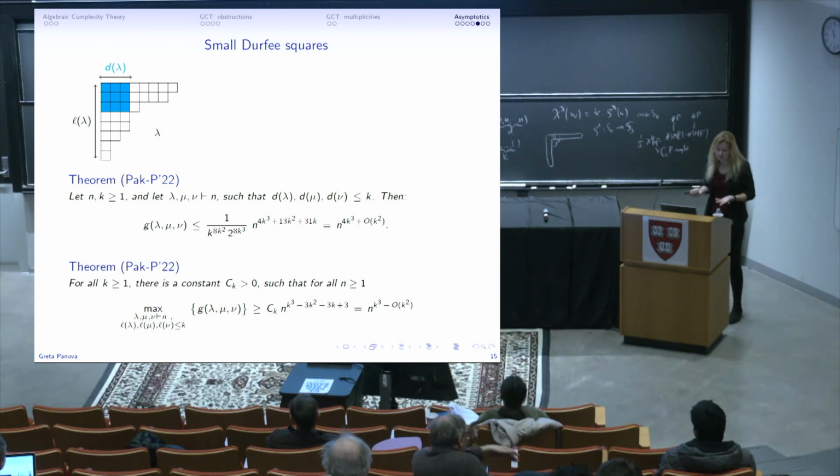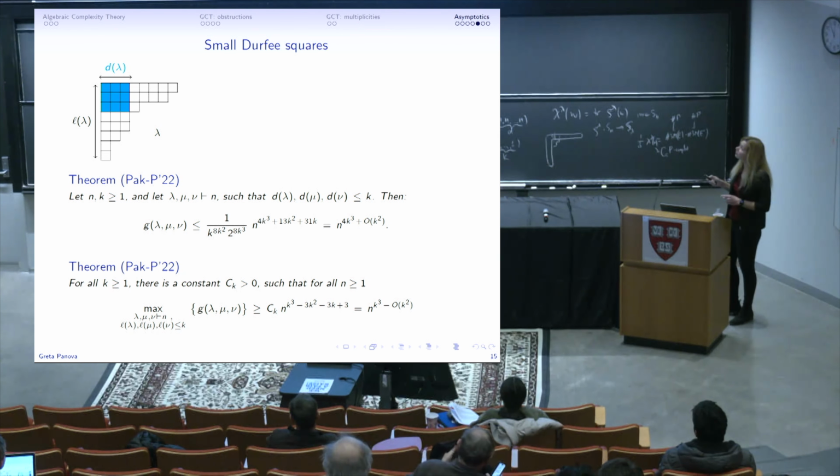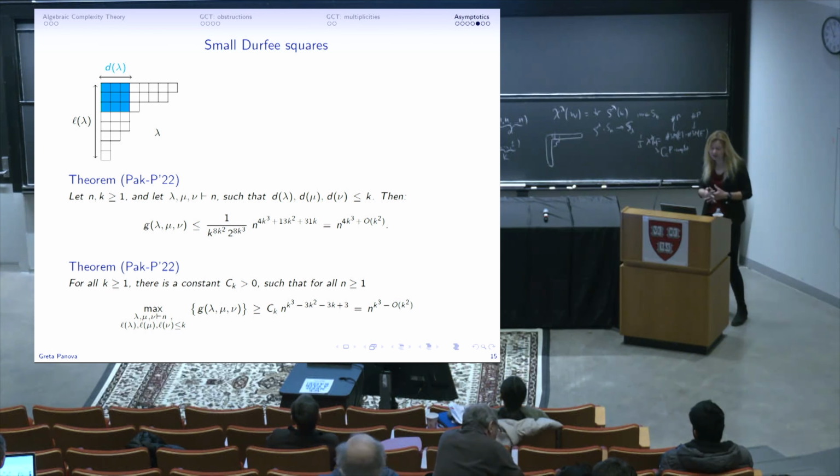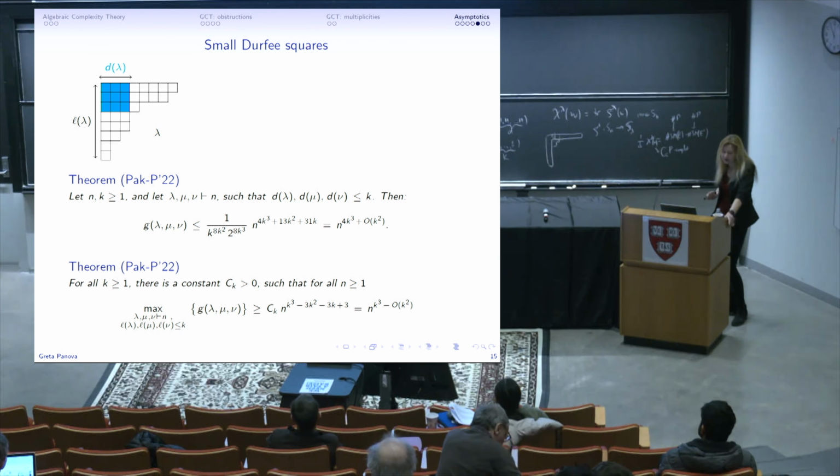The other thing one can do is fix the diagonal of the partition. Basically, this is the largest square we can fit into this partition, the Durfee size of lambda. If this is bounded by some fixed integer k and then n goes to infinity, then we can say that the Kronecker coefficient grows at most polynomially in terms of this parameter.